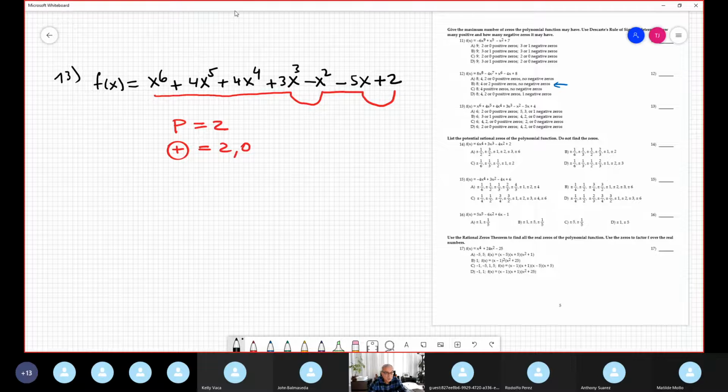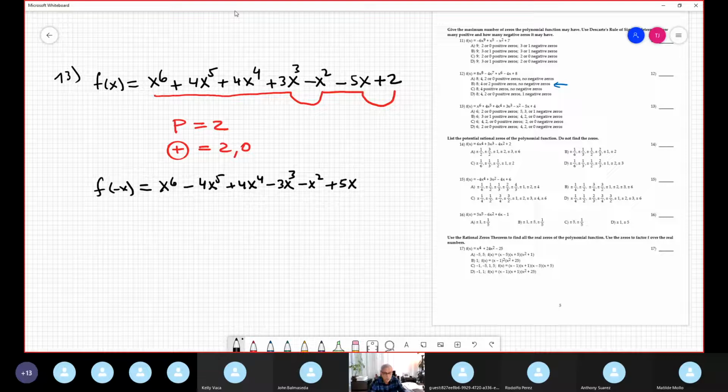Now let's do a reflection. f of negative x. You change only the odd. The even stays the same. This stays the same, this changes because it's the 3rd power, this stays the same because it's even, and this changes because the 1 is odd.